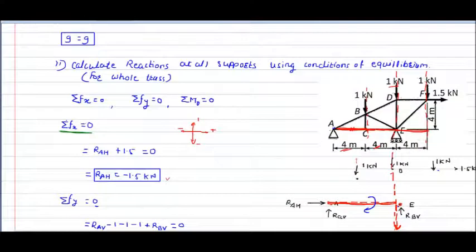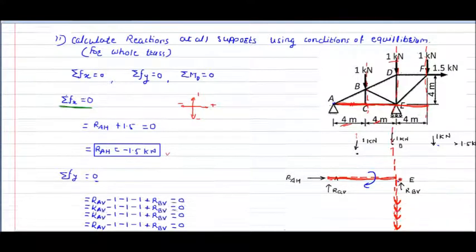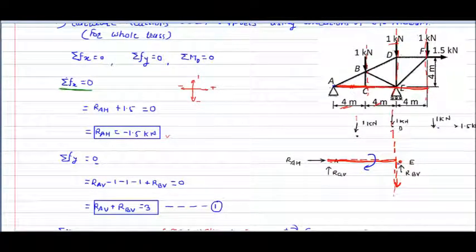Then check out this 1.5 kilonewton. Once again, to calculate moment, force will be 1.5 and its perpendicular distance, that is from the line of action. Draw its line of action. So this way I will simply draw the line of action here for this 1.5 kilonewton, which is passing through that force.